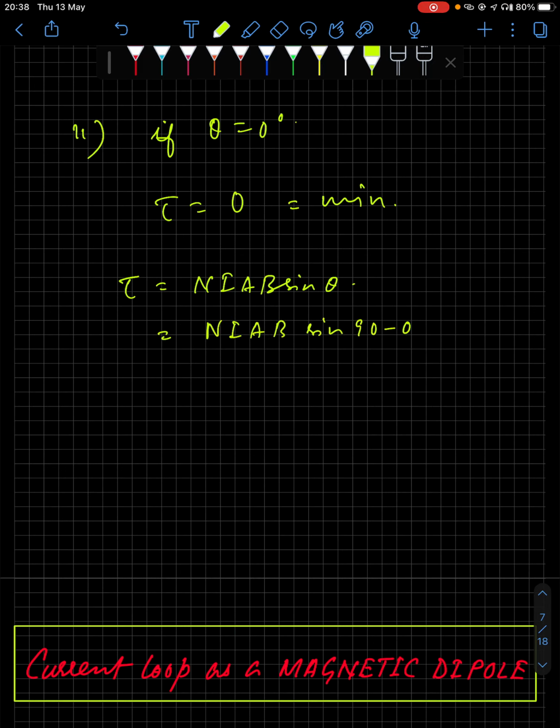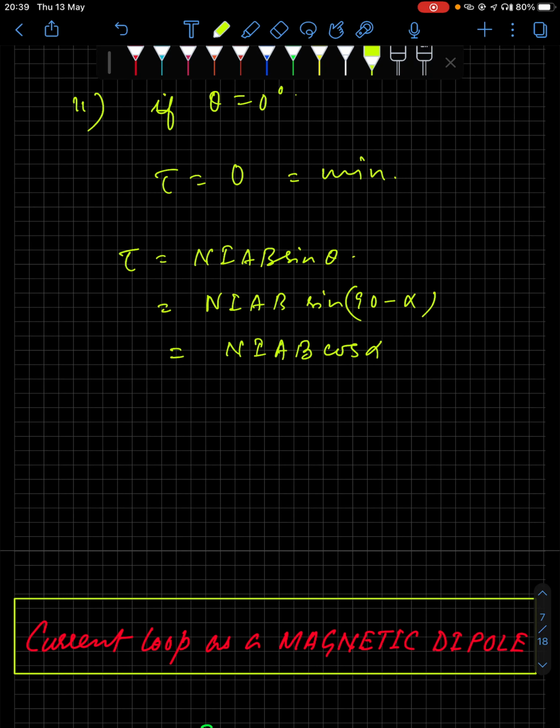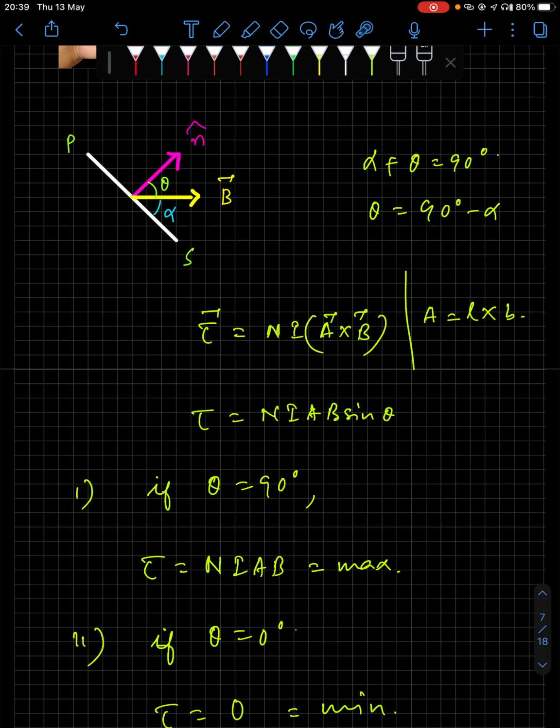So when you have sine (90 minus alpha), this is in the first quadrant, and we'll get all positive, so NIAB cos alpha. So yeah, we can see the same conditions again. If theta is 90, you see alpha has to become 0 degree in this diagram.